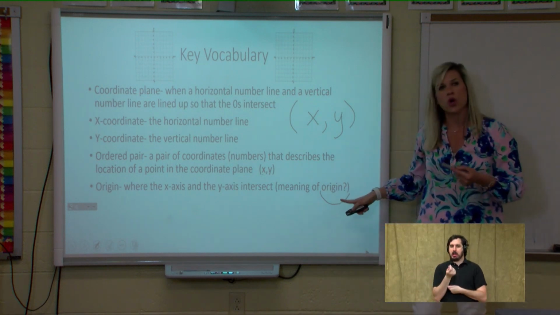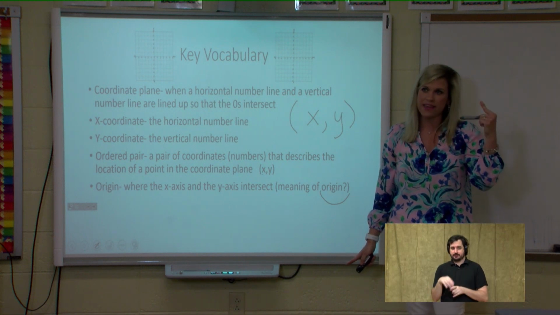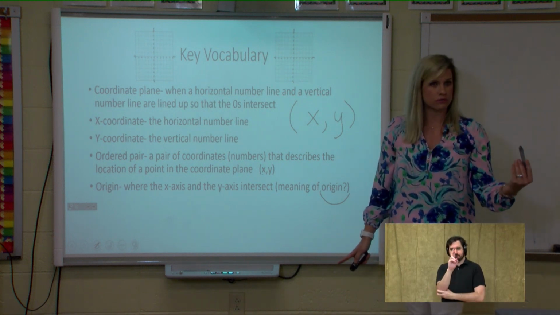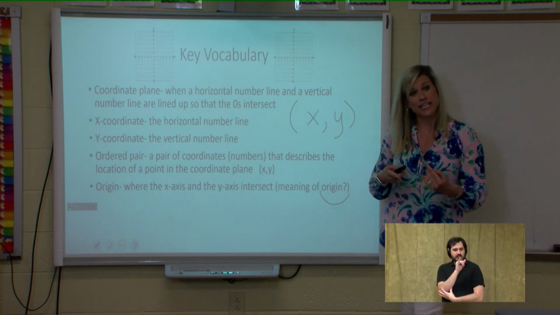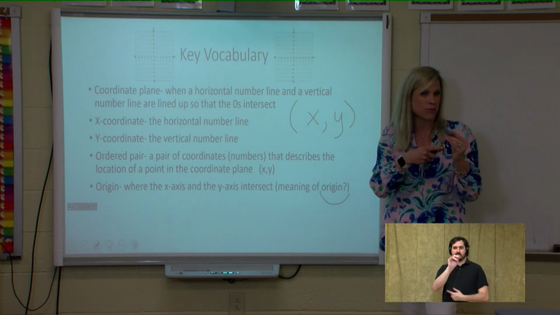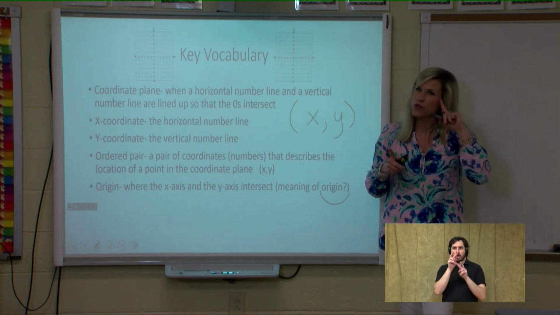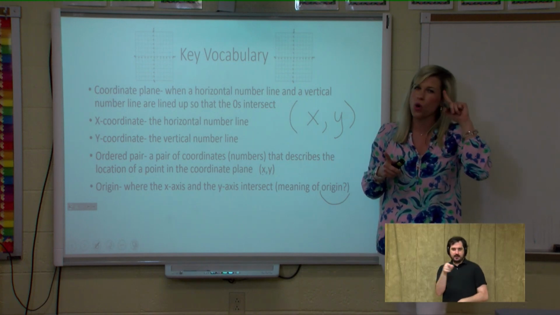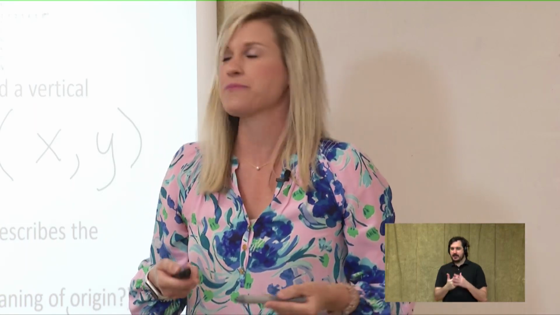Think about the word origin. When I hear the word origin, I think of original, something that has just begun. So the origin is 0. The origin is where we always begin when we're looking at the coordinate plane, okay? So when you hear the word origin, think about original, something just beginning, something just starting.